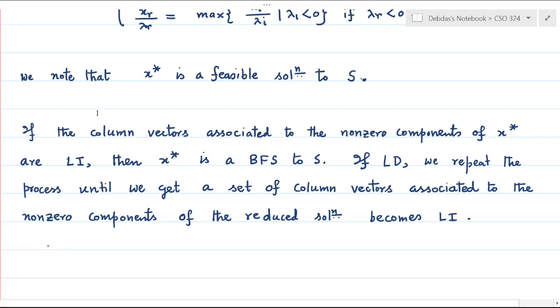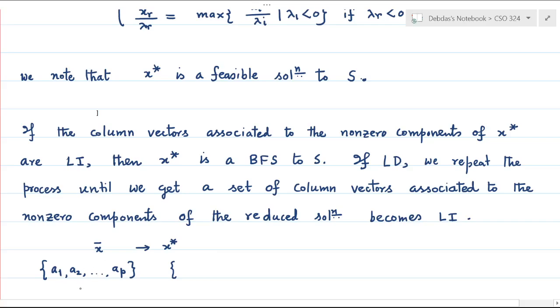And now you may ask the following question: what is the assurance that I will end up with a linearly independent set? Here you notice that with x bar the associated columns are a1, a2, ap. And I am moving from x bar to x star. If x bar is linearly independent, then x bar is a basic feasible solution, and we don't have to do any reduction to x star.